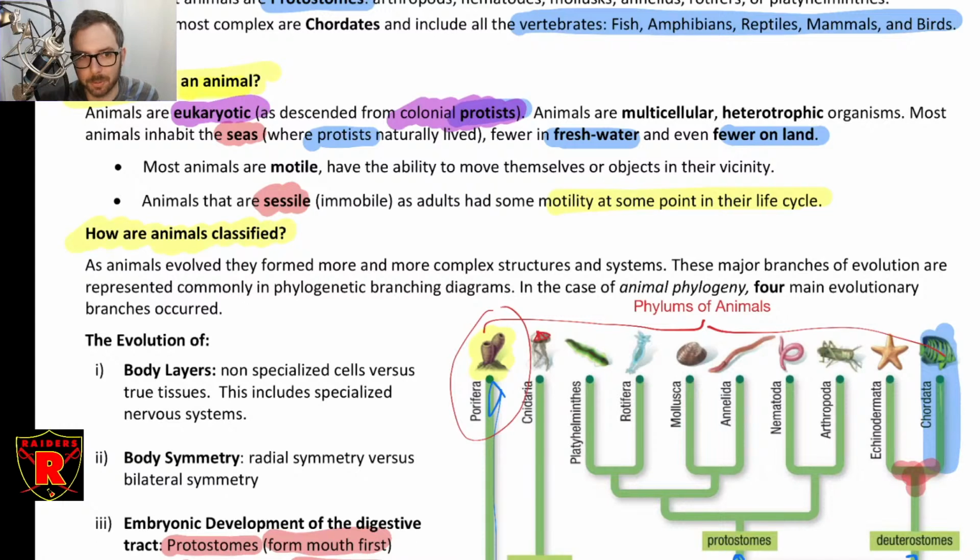Those are called colonial protists. I mentioned the slime molds yesterday. And those are thought to be the ancestors of animals. Basically the first multicellular motile organisms, okay, that can move around.